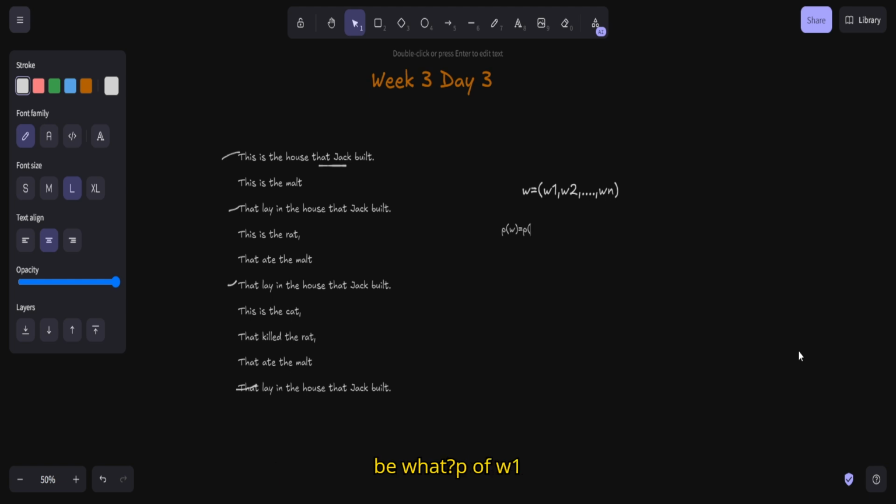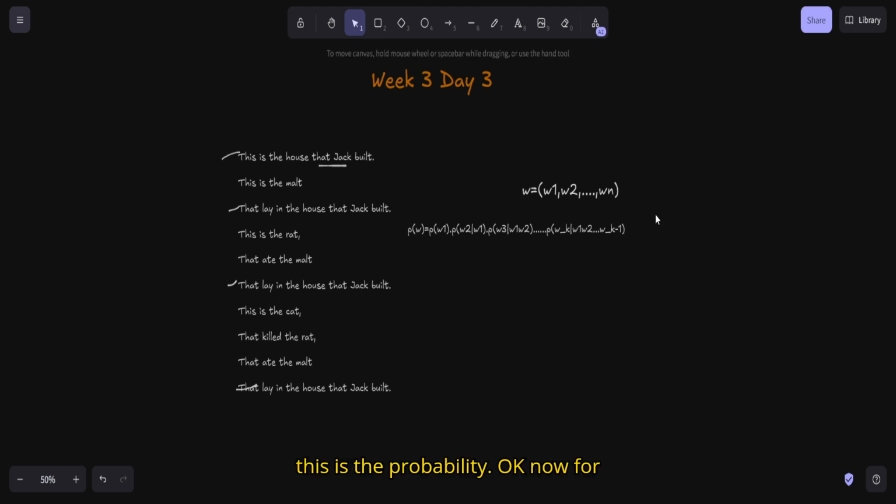So it will be P of W1 into P of W2 given W1, then P of W3 given W1 W2, till we reach P of WK given W1 W2 till WK minus 1. So this is the probability.